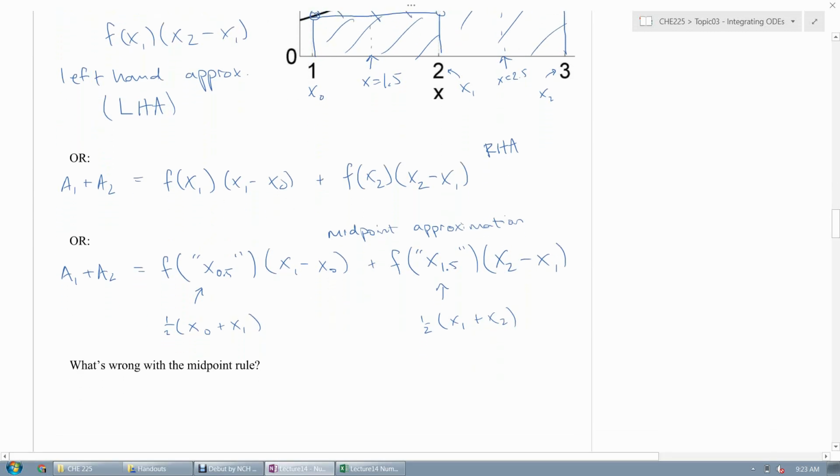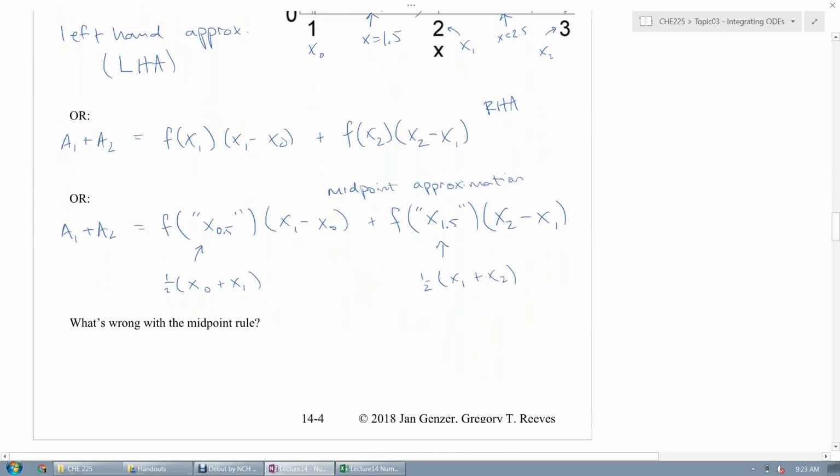But what happens when we don't actually have a function that we can write down and evaluate wherever we want? In other words, the question is, what's wrong with a midpoint rule?